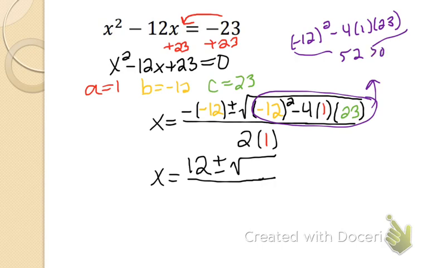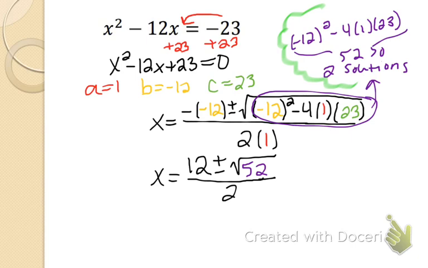52 is greater than 0, so that means that we're going to end up with 2 solutions at the end of our problem. So again, this is just a little looking into the future moment. So 52 is our discriminant. And don't forget that all of this is divided by 2 times 1, which is 2. Okay.